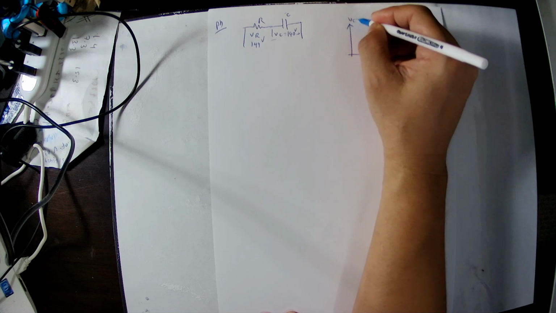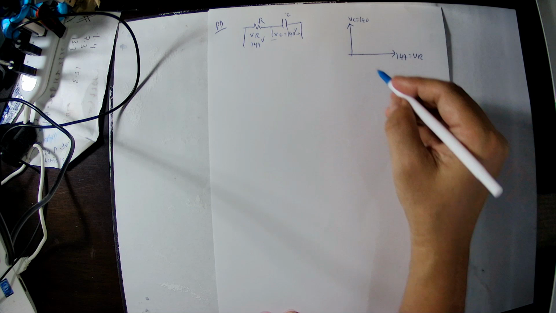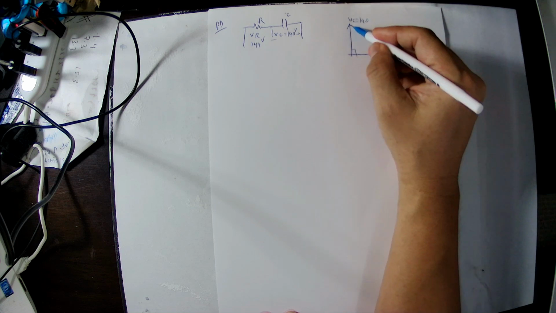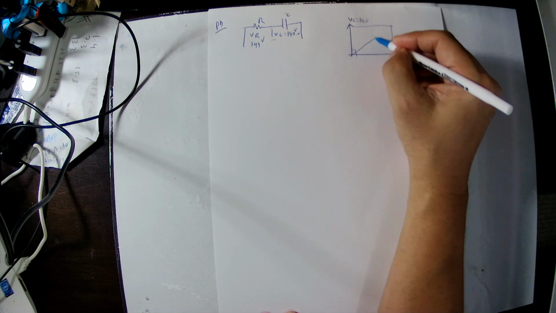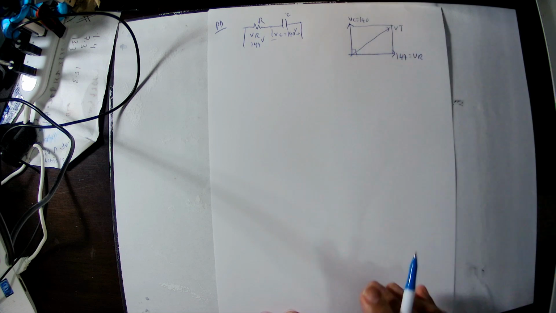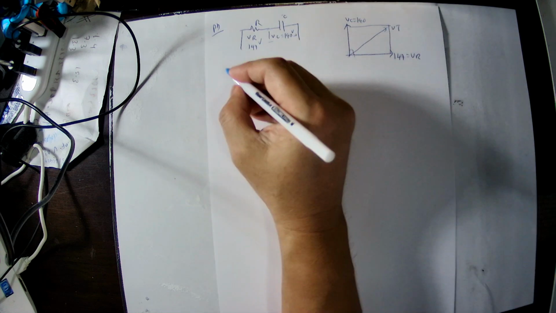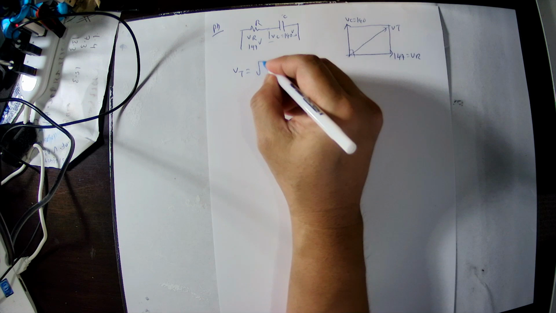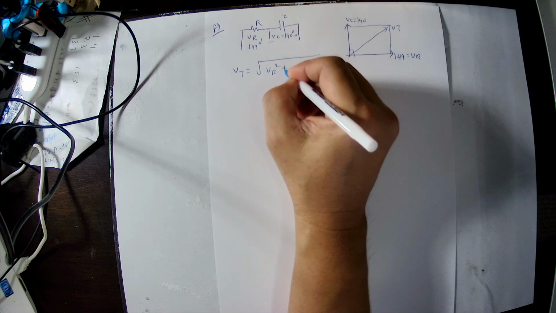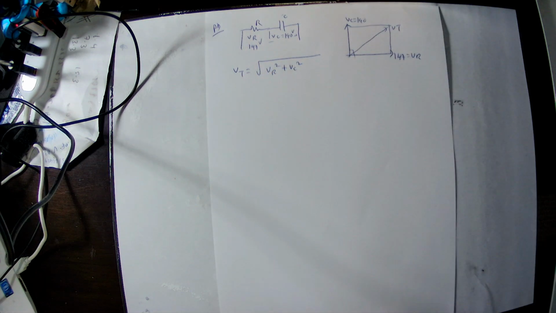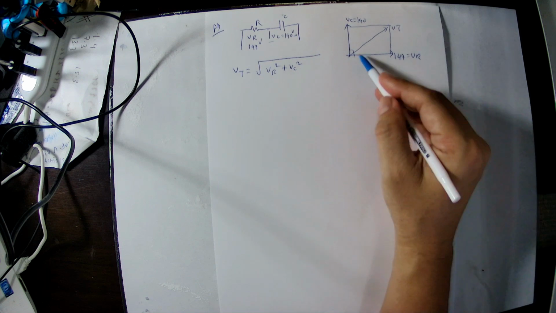So this is the phasor diagram. Then we need to find out the supply voltage V total. So we write down the equation: V total equal to square root of VR square plus VC square, because of the Pythagorean theorem.